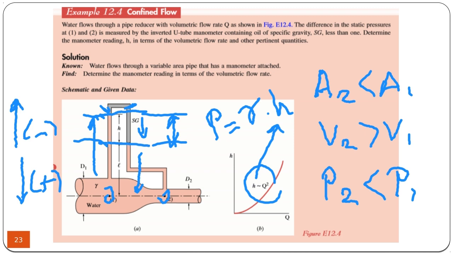So what you are left with is the pressure difference P1 minus P2 being equal to, you go up, minus H times gamma 1, and you go down, plus H times gamma 2. Gamma 1 is the pink one, gamma 2 is the gray one.